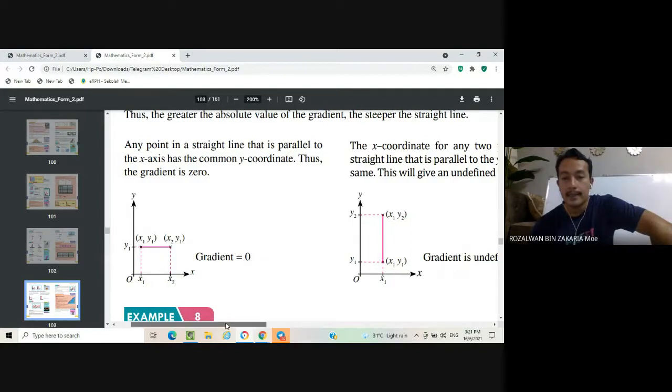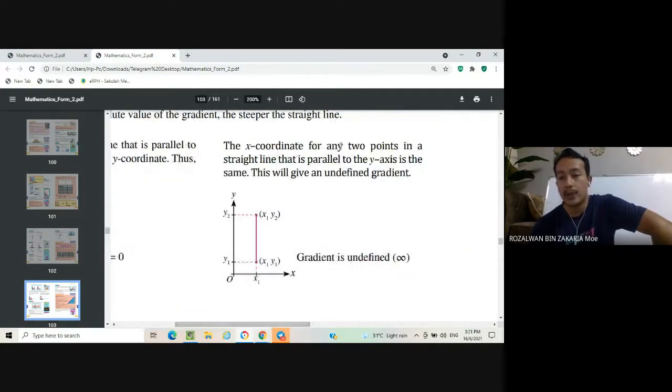The x-coordinate for any 2 points in a straight line that is parallel to the y-axis is the same. This will give an undefined gradient. If you calculate the value of the gradient, you will get the answer undefined or infinity, with the symbol for infinity.